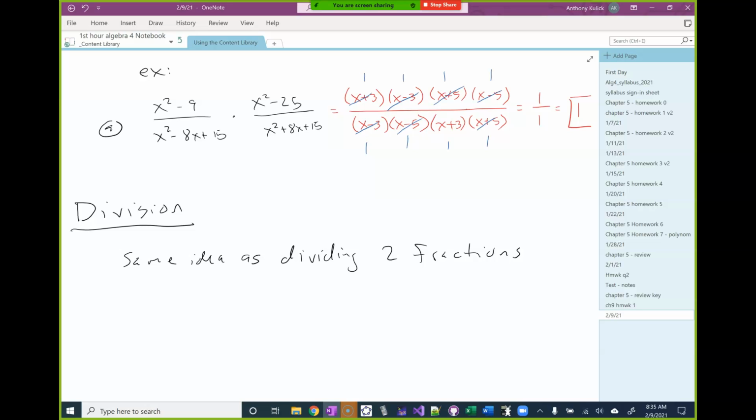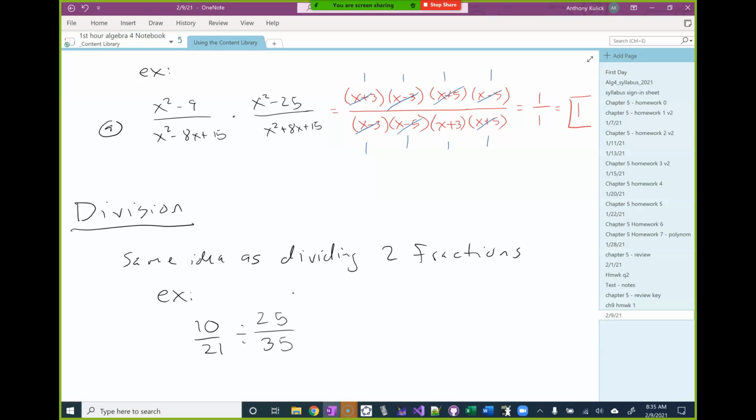So the idea here is, let's say that we have 10 over 21 divided by 25 over 35.